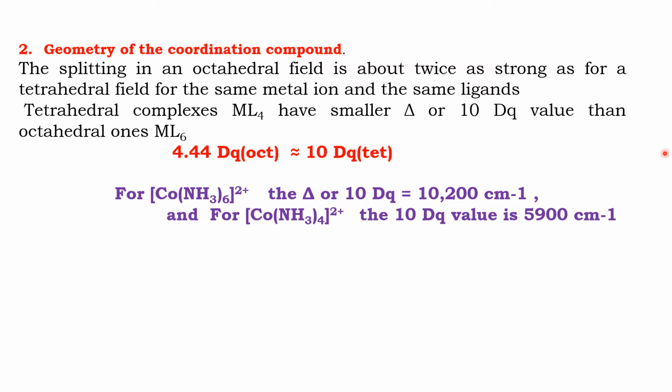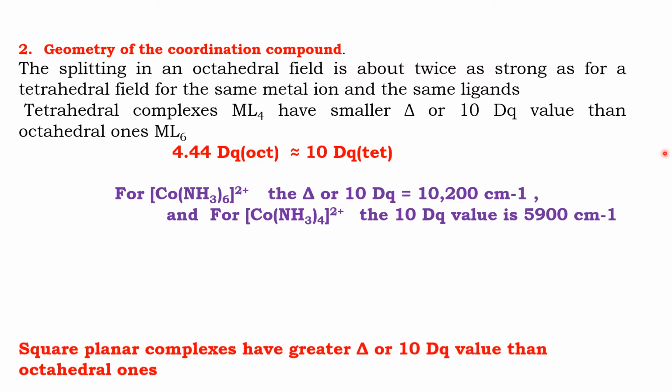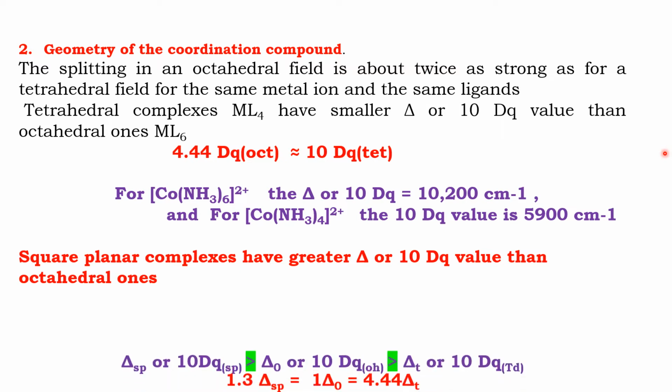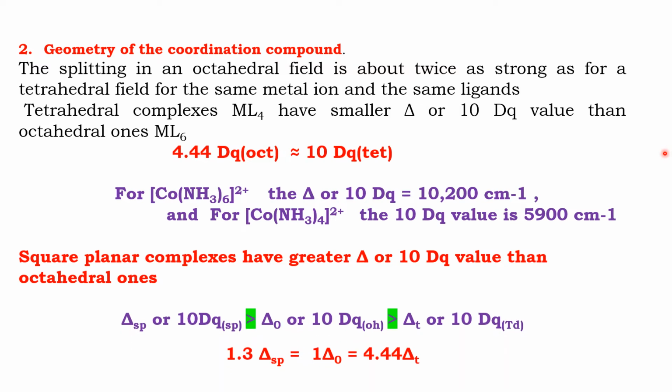Now we have to see square planar complexes. See here, square planar complexes have a greater value than octahedral complexes. So when we consider square planar, octahedral and tetrahedral complexes, the 10Dq value is maximum for square planar, and they are related as follows: 1.3 delta of square planar is equal to 1 octahedral value, which is equal to 4.4 tetrahedral value.